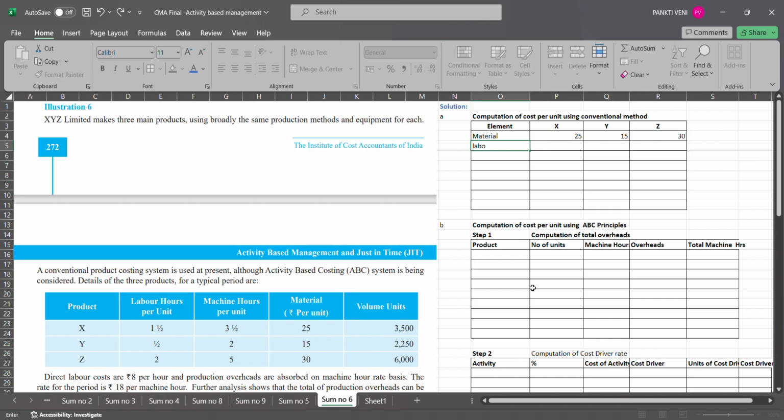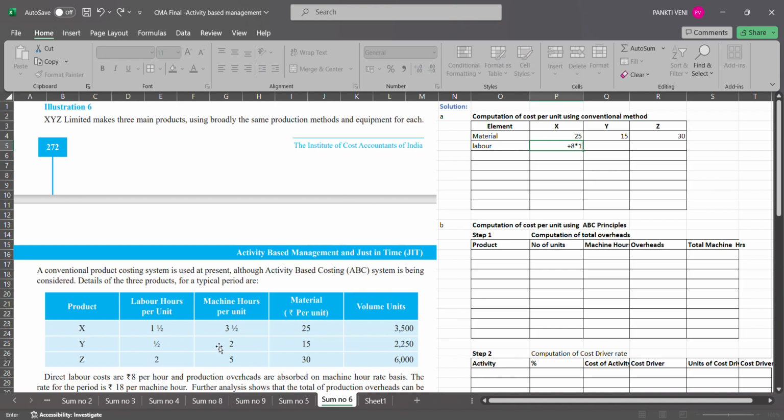Then I have labor. Labor is given to me at rupees 8. If you see below the first table, they have given one line: direct labor at rupees 8 per hour. So I have 8 rupees here, and I'll multiply it with the labor hours per unit.